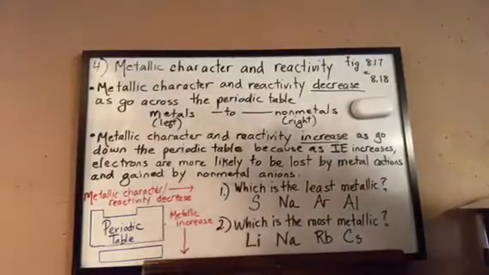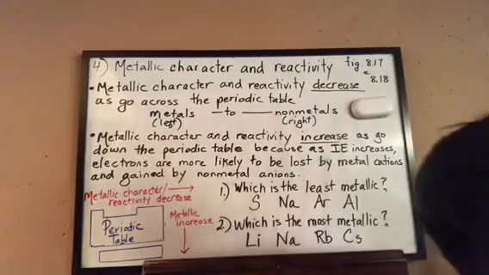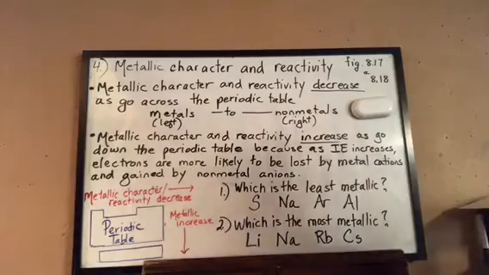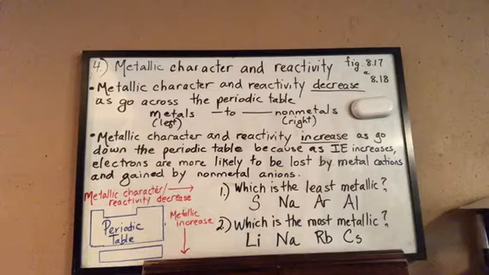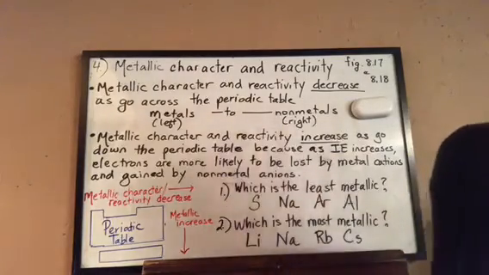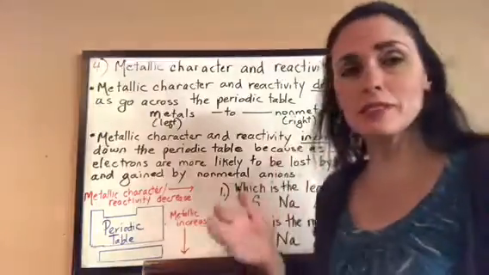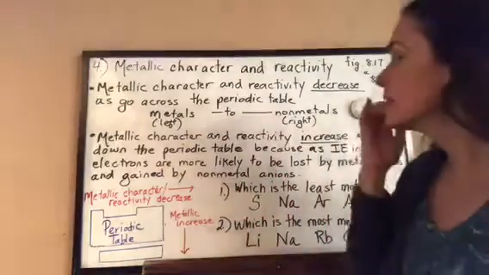The last periodic trend that we're going to discuss in Chapter 8 is metallic character and reactivity of metals. And there are figures, figure 8.17 and figure 8.18, which are used to help illustrate this concept. But this concept's pretty basic at this point.